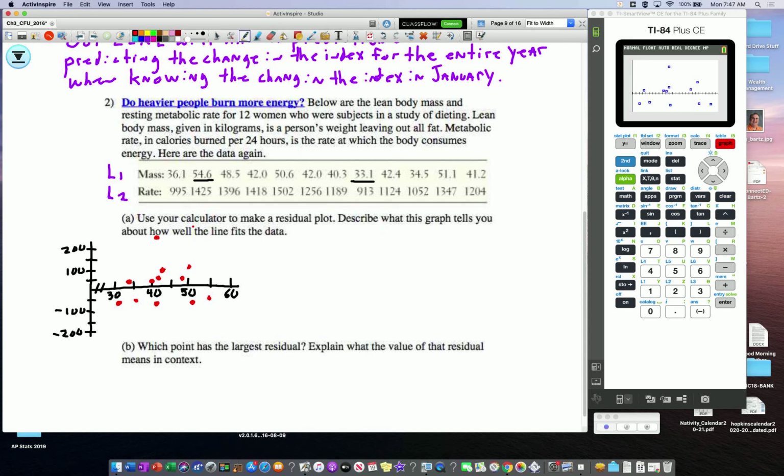So the hope and goal is that it doesn't seem like there's any pattern going on. That's our hope. If there's a pattern, then the line's not a good fit. If there's not a pattern, the line is a good fit.